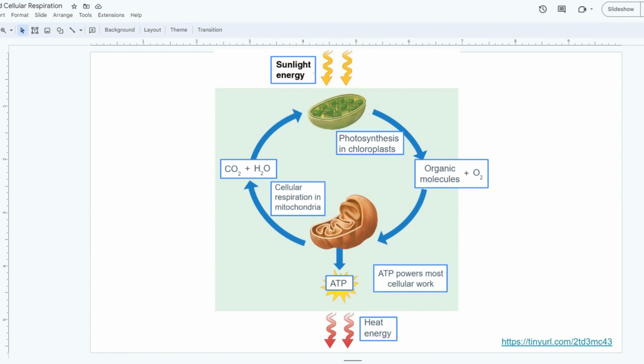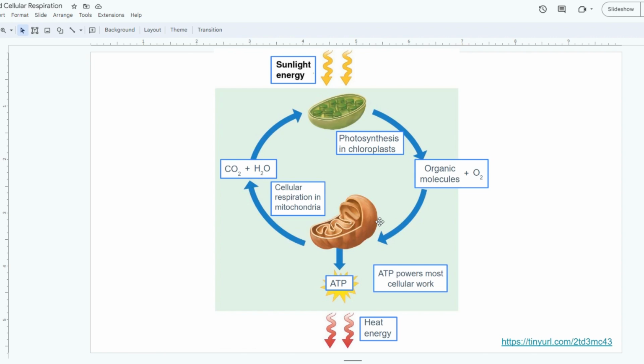So where we had, for the photosynthesis part, CO2 and water coming in and sugar and oxygen going out, now in the mitochondria, we have sugar and oxygen going in, and we have CO2 and water coming out. Now listen to what I just said.